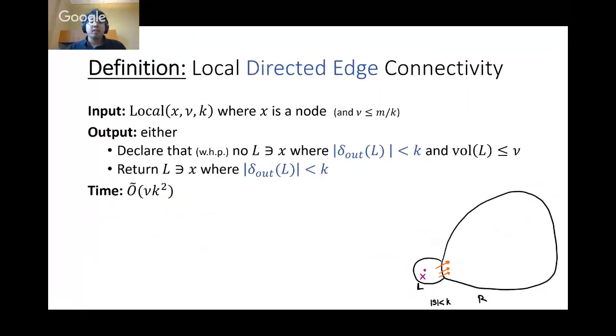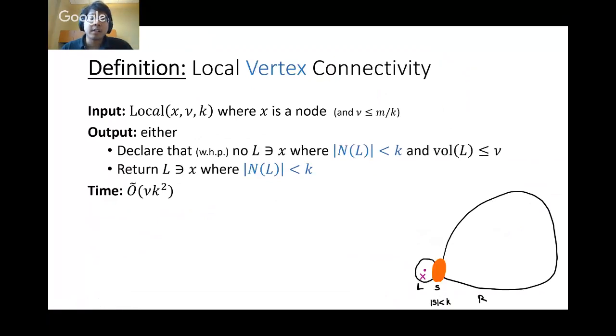So just to recap, right? From this we can solve the problem for local directed edge connectivity in time nu k square, and just by a standard reduction we get local vertex connectivity.